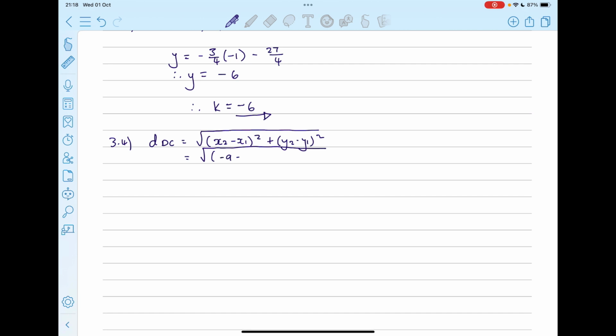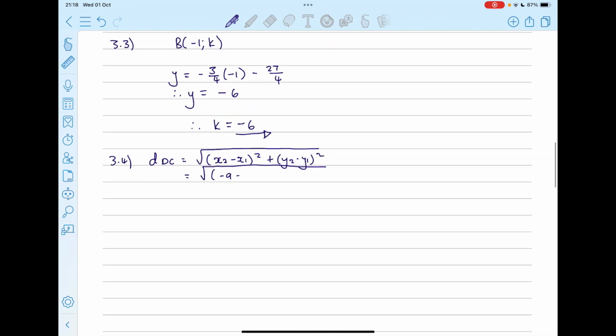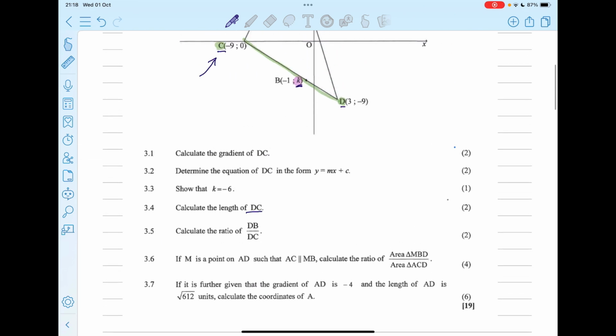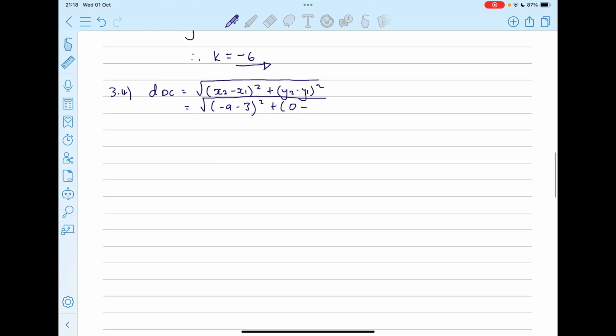So -9 minus, this one is, I think it's a +3, yes. Minus a +3 squared. The y here, I think it was 0. And then minus, for D, it's -9.